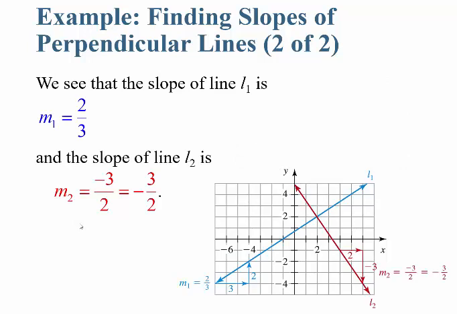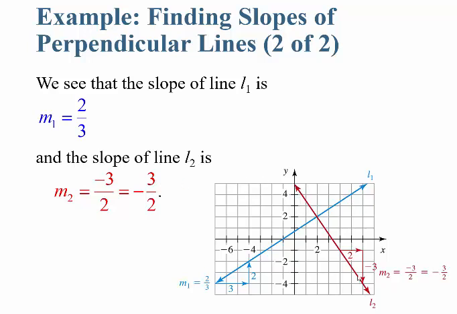For L1, we can see that the slope is 2/3. If I go rise 2, 1, 2, then I have to run 3, 1, 2, 3. Yeah, that works out. So the slope m1 is 2/3.